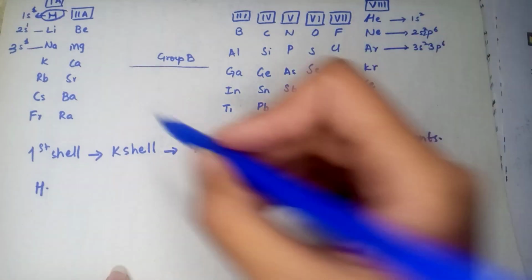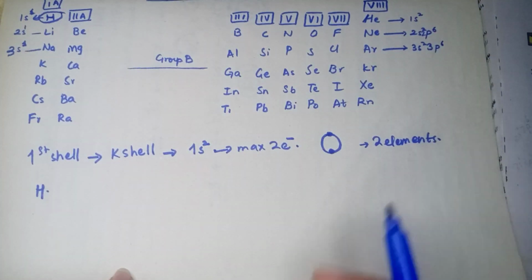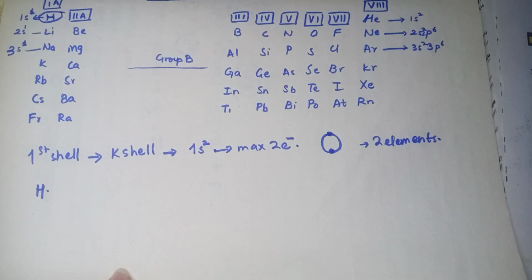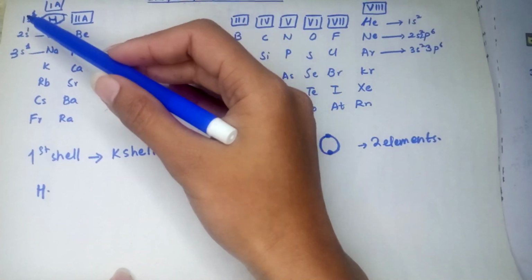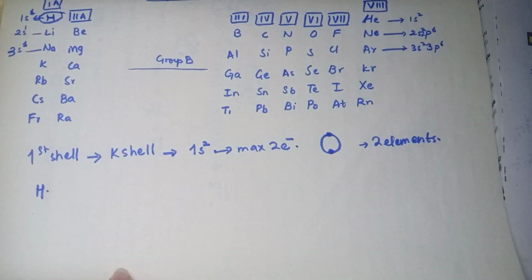The period number tells you the number of the valence shell, or you can memorize it as the number of shells the element would have. Like if hydrogen is present in the first period, it would have only one shell.